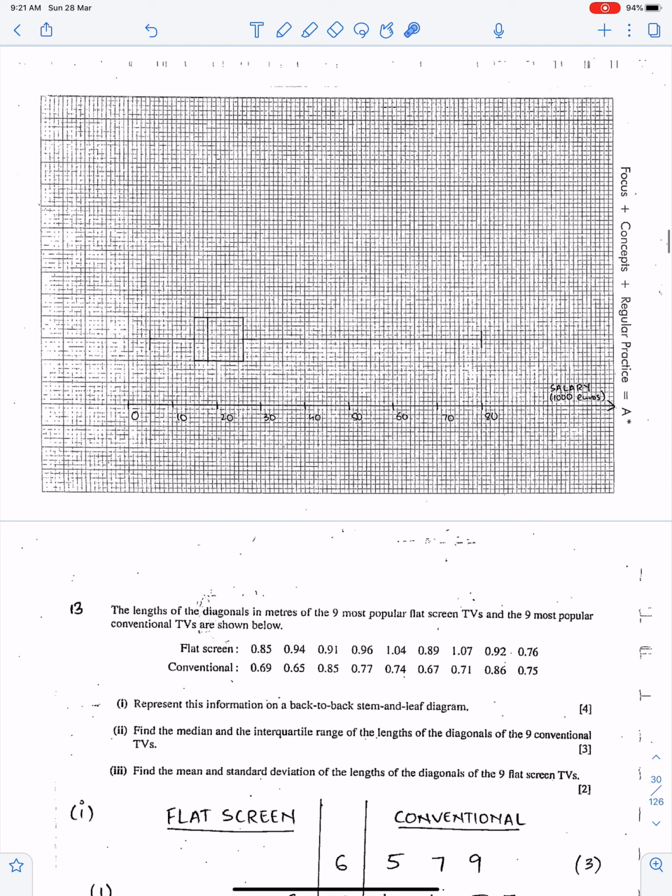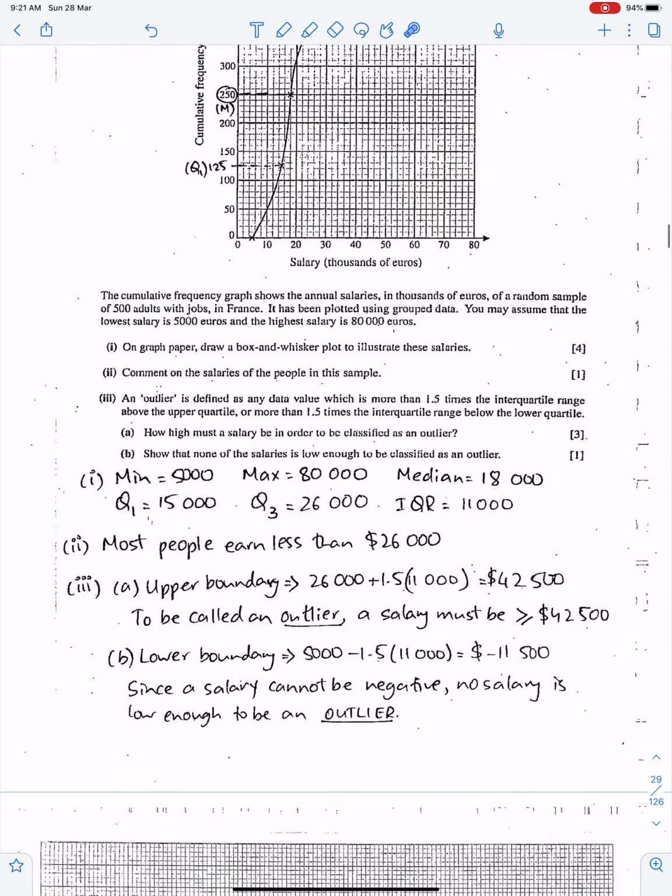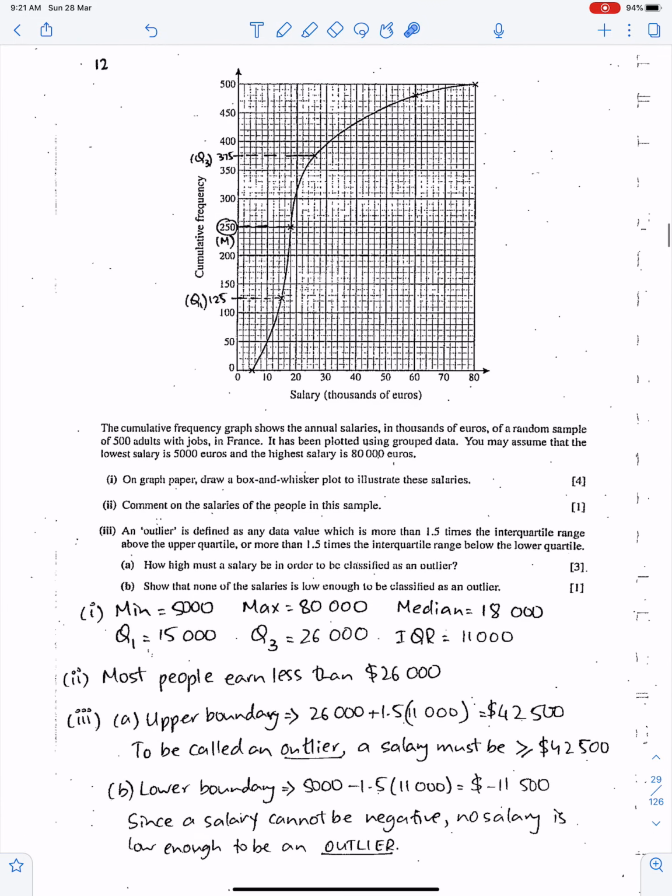This is the box plot, and this shows a positively skewed distribution. Salary in 1,000 euros. This is positively skewed because the median is close to Q1 and we have a long stretched tail towards the higher values. This means most people earn less than 26,000.